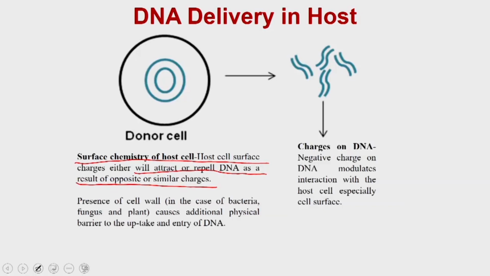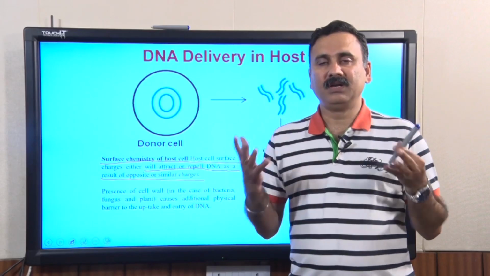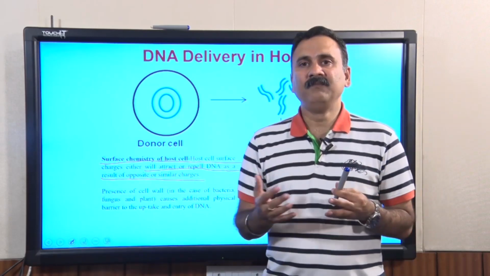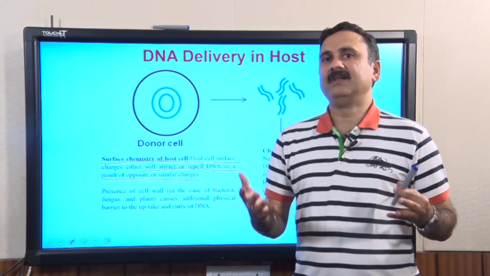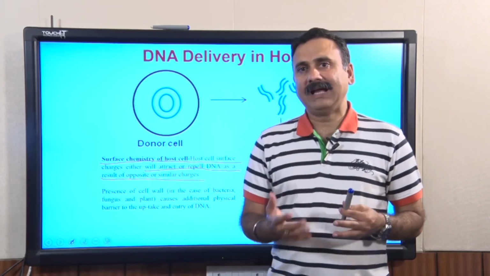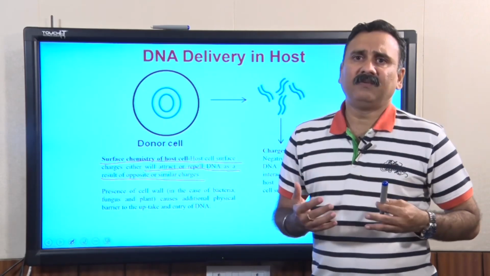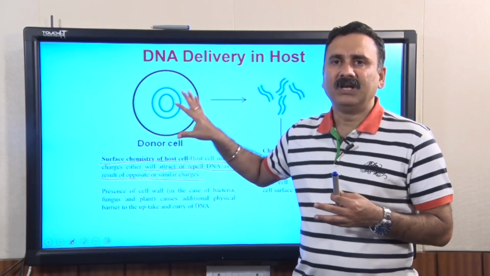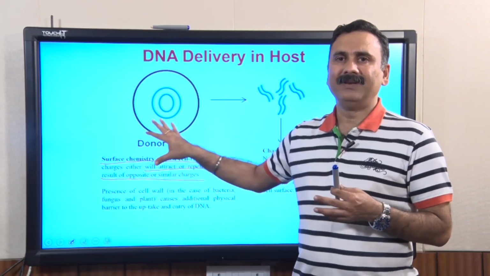For example, a mammalian cell of liver origin, of pancreas origin, or of brain origin, all these three cells from three different origins are going to have very diversified surface chemistry, and because of that you cannot devise mechanisms that work on the surface chemistry to deliver the recombinant DNA.